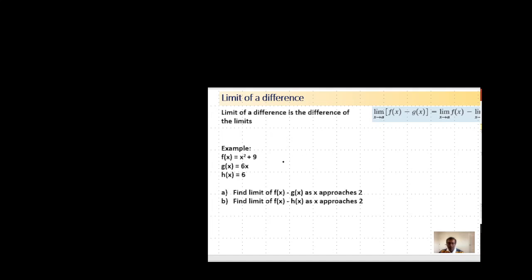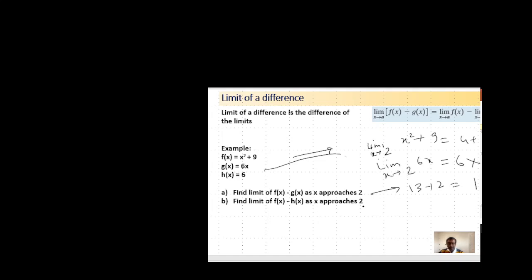Same example: in the previous page we found that the limit as x approaches 2 of x squared plus 9 was 4 plus 9 equals 13, and for 6x the limit as x approaches 2 is 6 times 2, which is 12. So to find this, we just say 13 minus 12 equals 1.